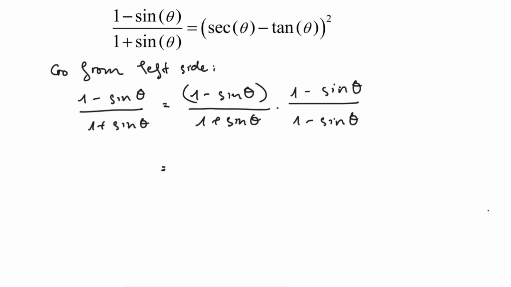So in the top we will have sine theta times 1 minus sine theta, and at the bottom you will have 1 plus sine theta multiplied by 1 minus sine theta, which is 1 minus sine square theta.